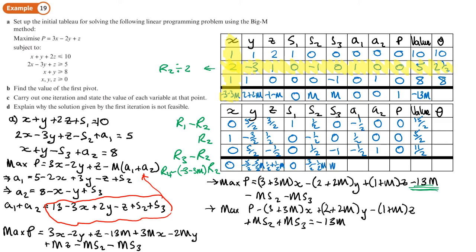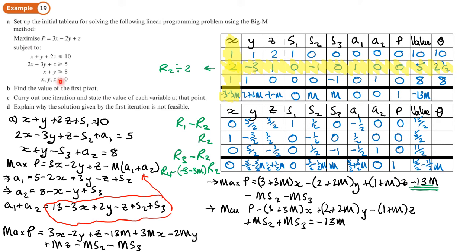Then m. Should have made these boxes bigger really. 3 over 2 plus 3 over 2m, 0, 1, and then 15 over 2 minus 11 over 2m.